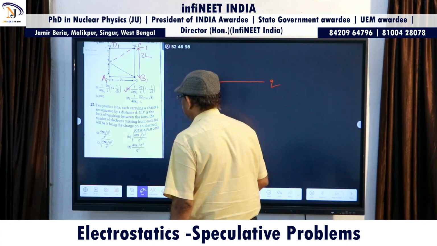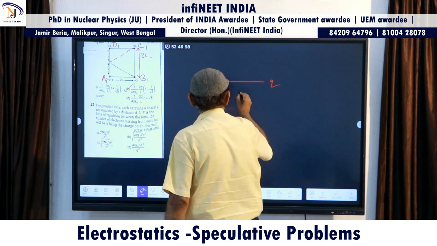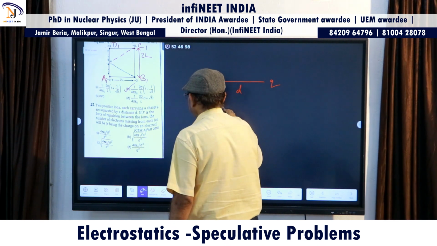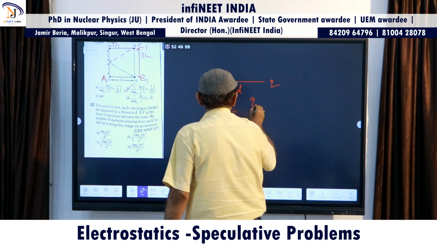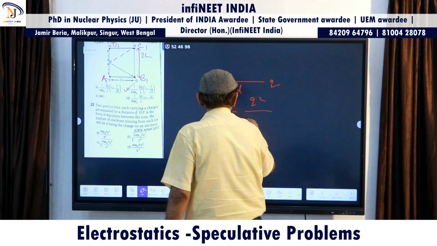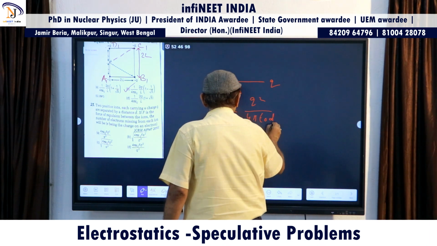Charge q separated by a distance d. Then what is the value? F equals to q square by 4 pi epsilon naught d square.